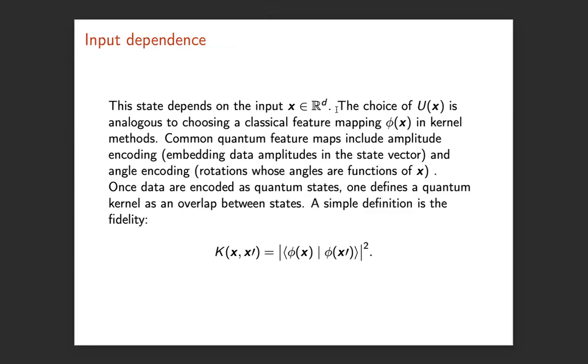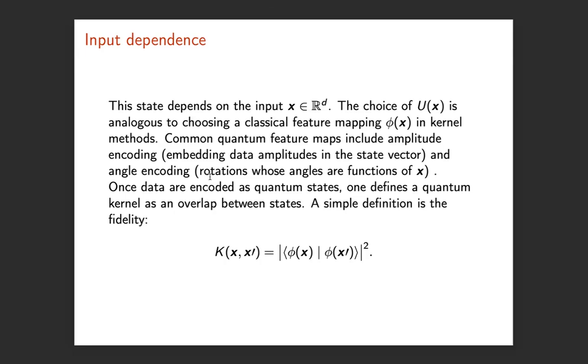So this state depends on the input x, and the choice of U(x) is analogous to choosing a classical feature mapping in kernel methods. Common quantum feature maps include amplitude encoding and also angle encoding, as we discussed. Amplitude encoding is one of the techniques we discussed before the break.